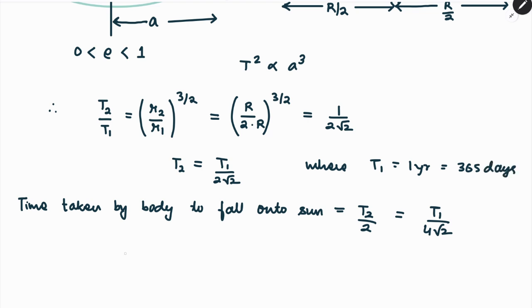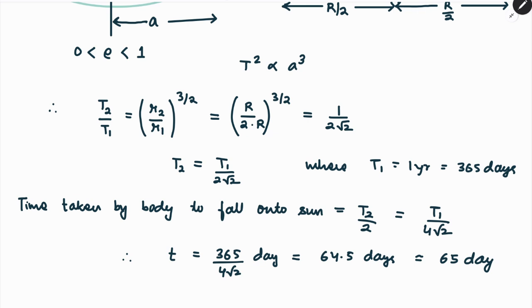Solving for this time, the time of falling onto the sun is equal to 365 divided by 4 root 2 days, and on solving we obtain 64.5 days, which we approximate to 65 days, the answer provided in the book. So this is the required answer for this problem.